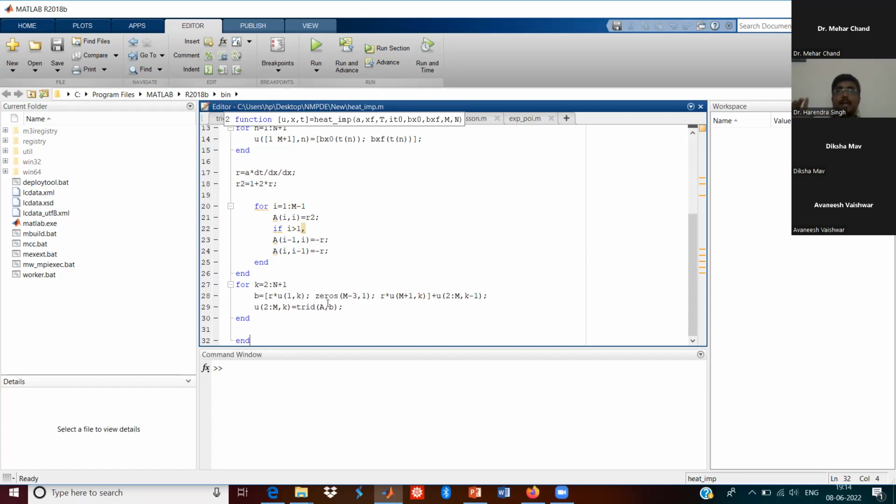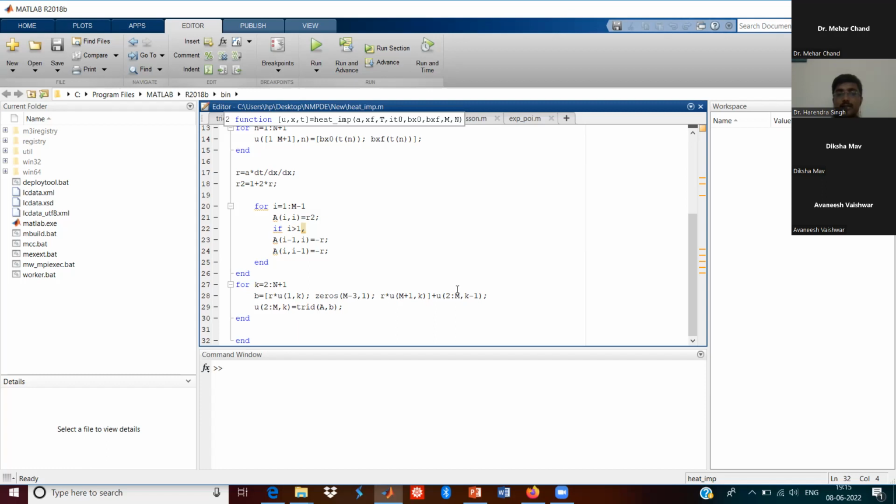If you remember the tridiagonal system for the implicit scheme, the right-hand side boundary condition, in the example I have considered, will be 0. So in that case, all other entries will be 0, except for the boundary first point and the last point.